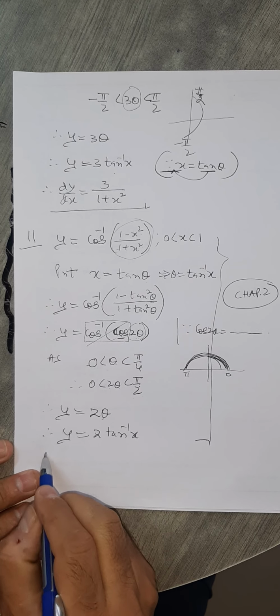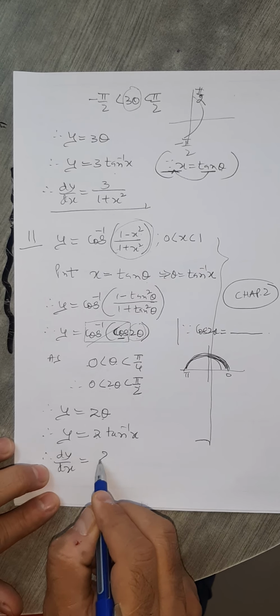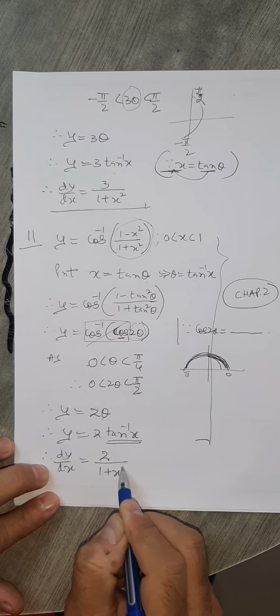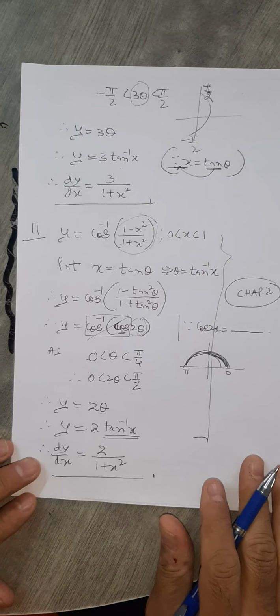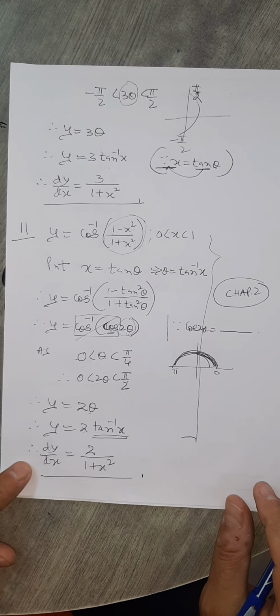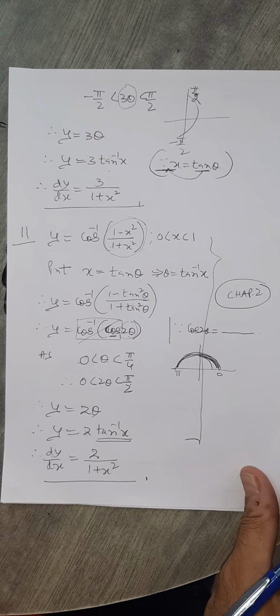Okay, now differentiation is just one line. dy by dx equals 2, being constant as it is, times the derivative of tan inverse x, which is 1 upon 1 plus x squared. So this is your dy by dx. Okay, so next, question number 12.